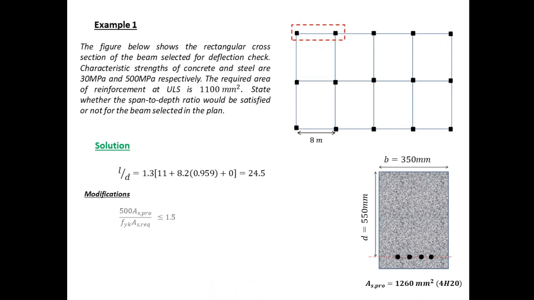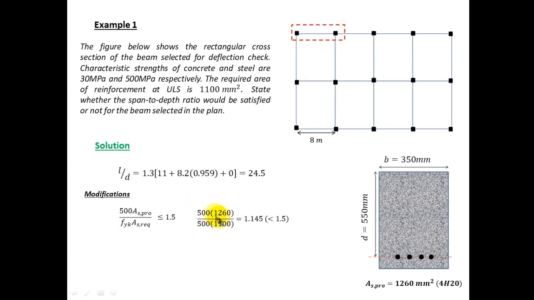To do so, first of all, the area of reinforcement provided is larger than the required. You can tell that very clearly. My grade of steel is 500, so it's just the same.